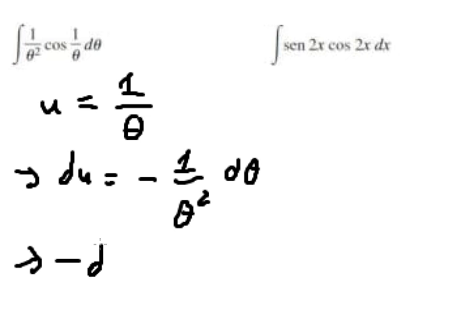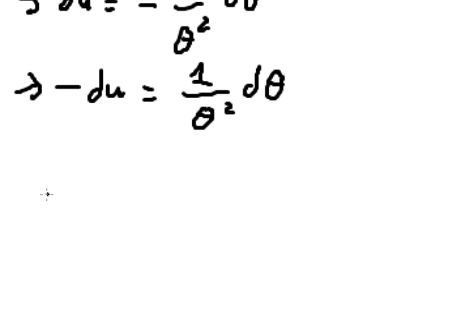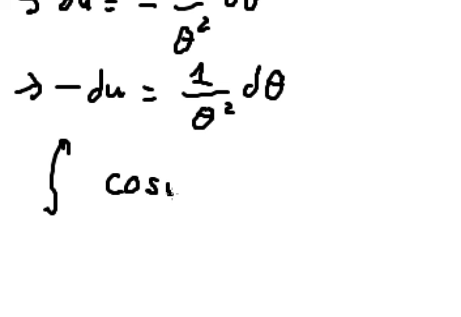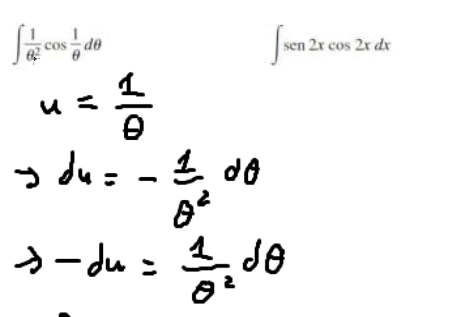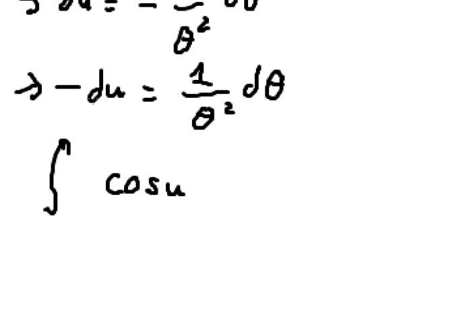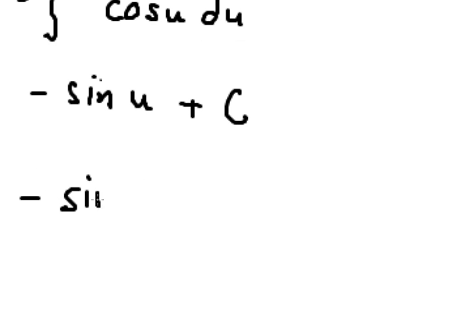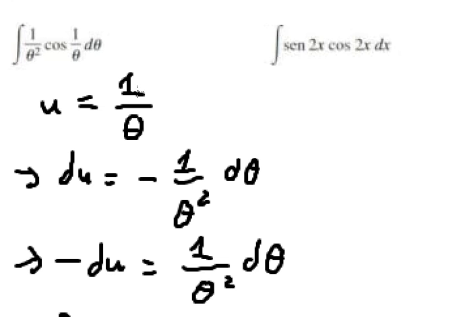So we have negative du equals to 1 over theta squared d theta. So 1 over theta we change by u. 1 over theta squared d theta we change by negative du. The integration of cosine u we have sine u. About u, that is about 1 over theta.